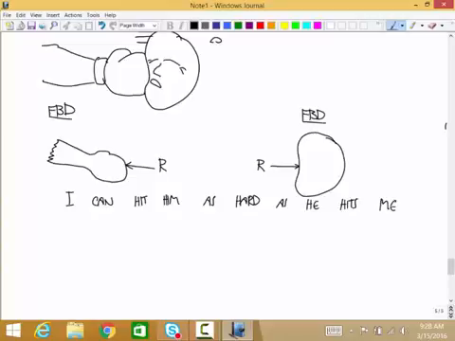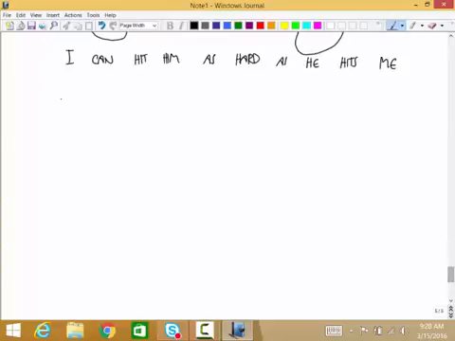Okay, and so mathematically, the way you're going to use this is to use Newton's third law.